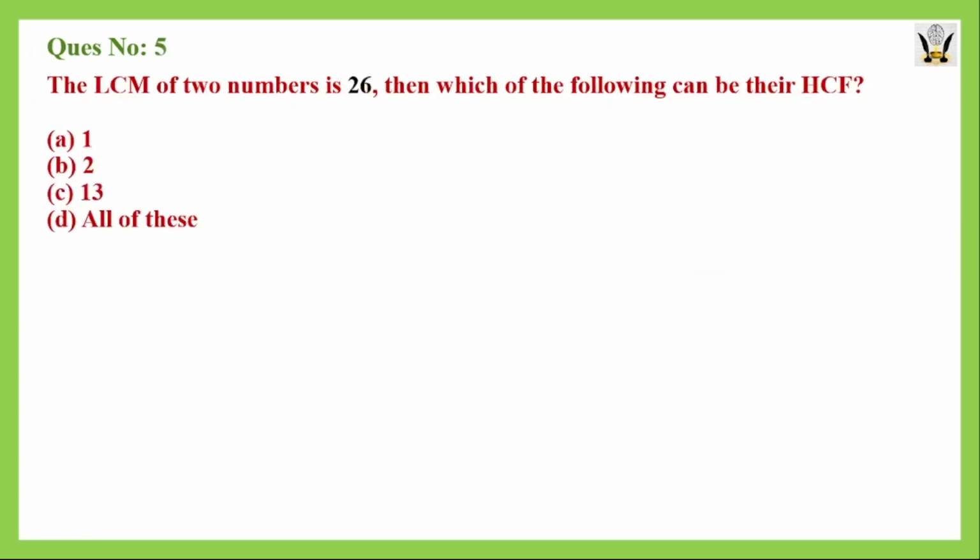The next one and the last one says the LCM of two numbers is 26. Then which of the following can be their HCF? So 26 is their LCM, and if we consider that 1 could be their HCF, we know that when we multiply LCM and HCF, that is basically the product of those two numbers.